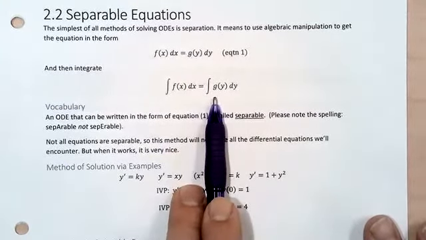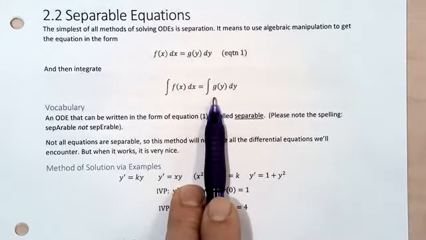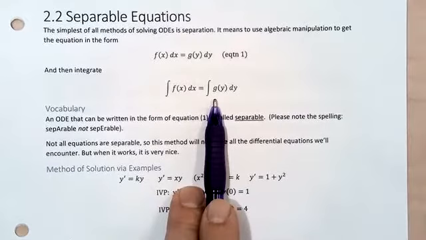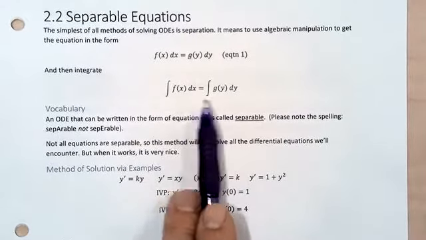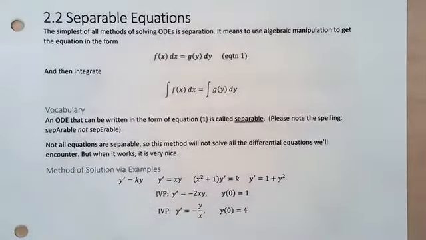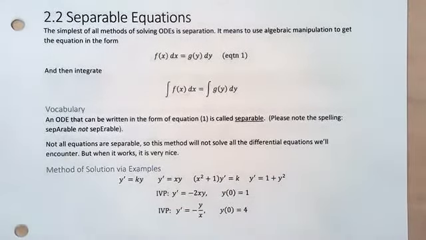So this is the simplest method we have for solving differential equations that isn't just out of a Calculus 1 or Calculus 2 book. For instance, here is a differential equation: y prime equals 2x. What's y? Well, you would say x squared plus a constant, right?